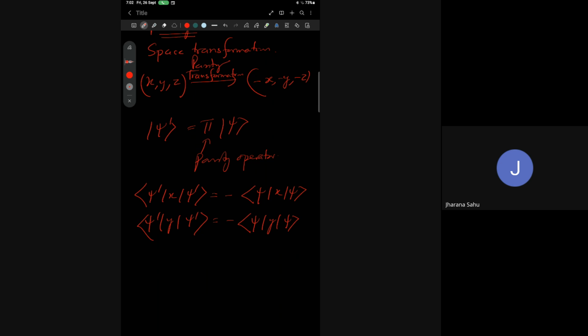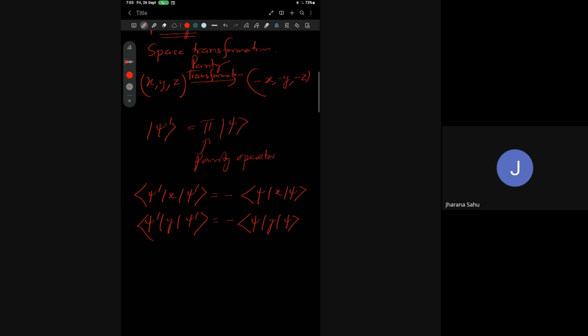All right. So what does this actually do? It changes the expectation value from positive to negative, or it basically reverses a positive right-handed coordinate system to a negative one.